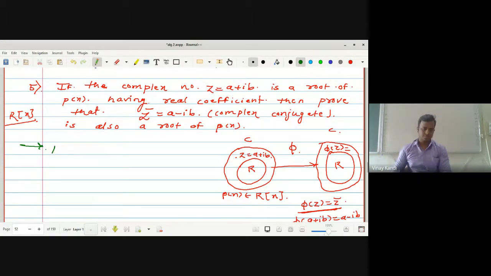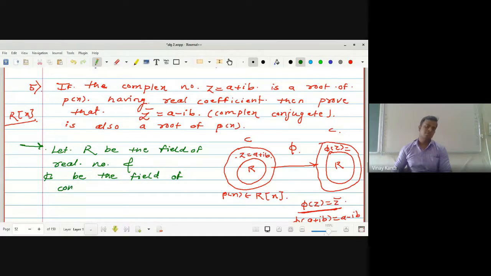Let capital R be the field of real number, and C be a field of complex number.